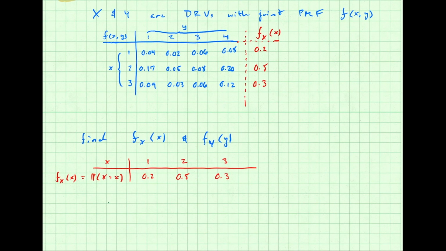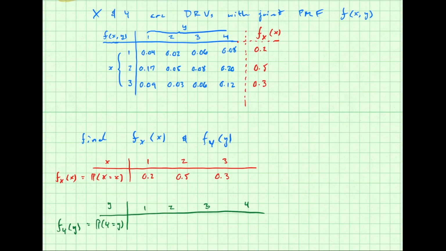And then let's say we use a different color for the y's. So I'm going to make y, make a little table. And this is the probability that big Y is equal to that little y. And again, that's equal to the marginal distribution of y. And so this one takes 4 values, 1, 2, 3, and 4.